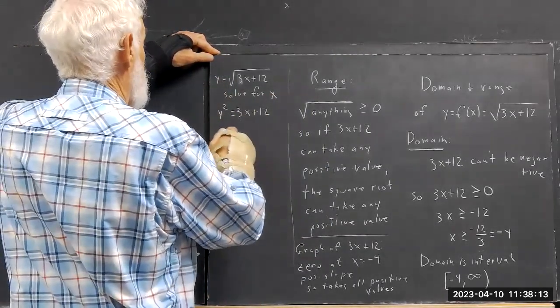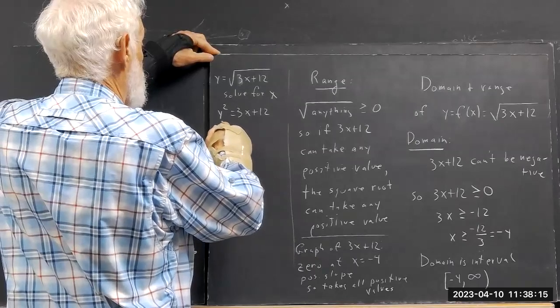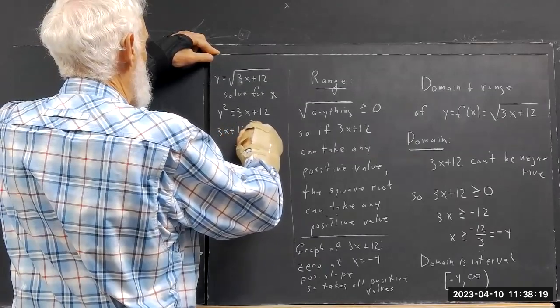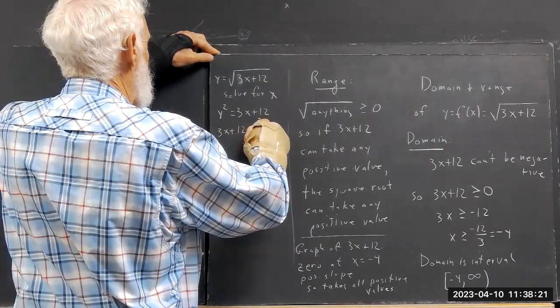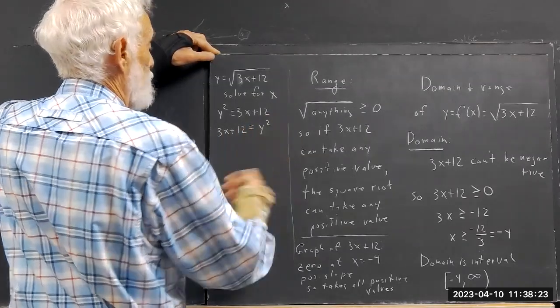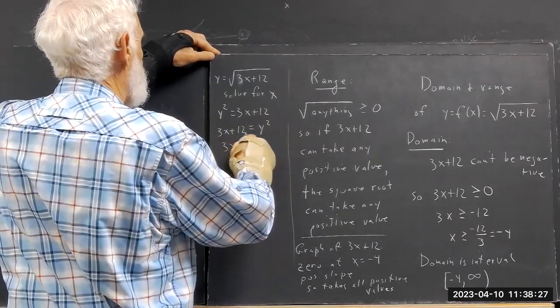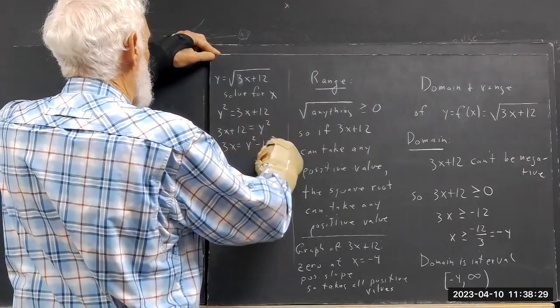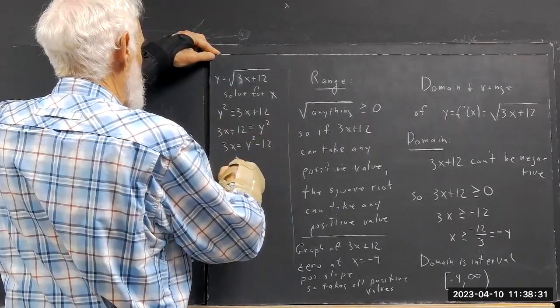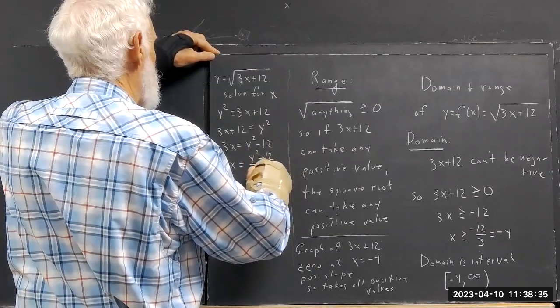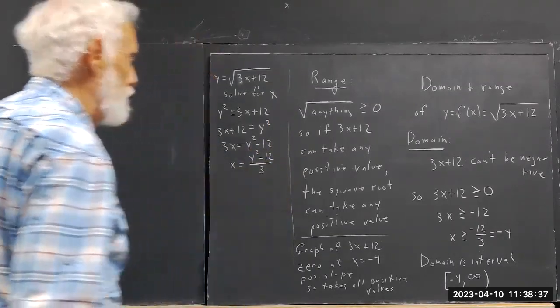Okay, so solving for x, we're going to write it out this way, just reverse it. And then we get 3x equals y squared minus 12, and x will equal y squared minus 12 divided by 3.